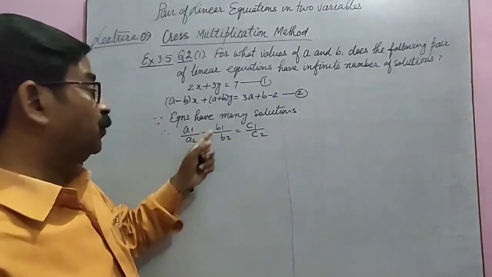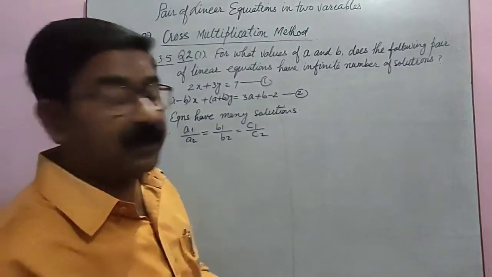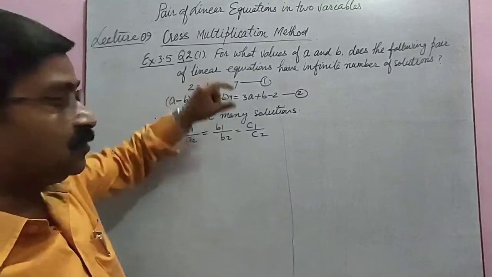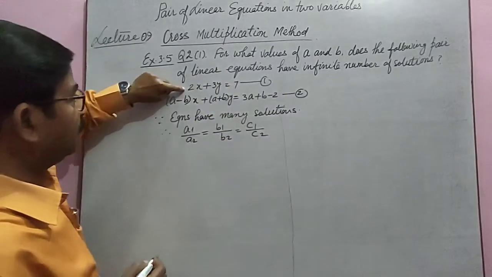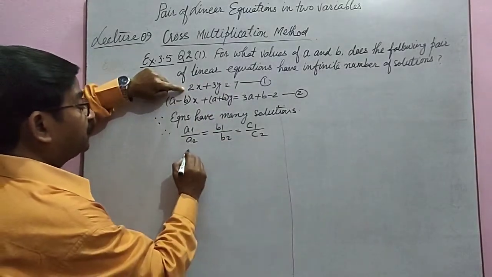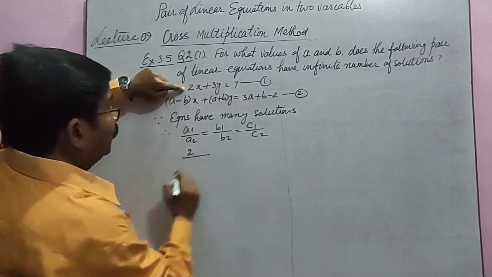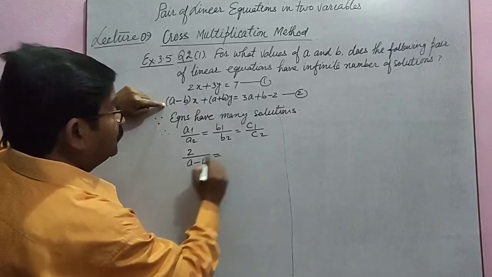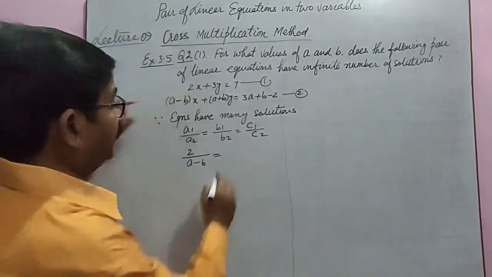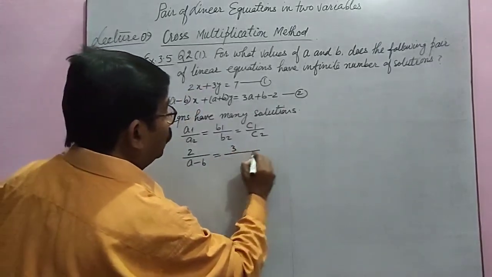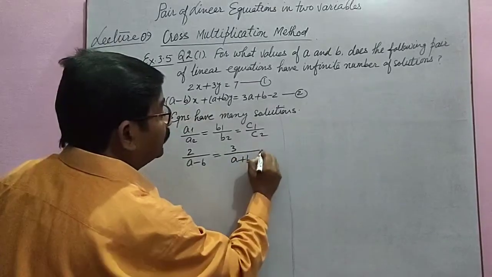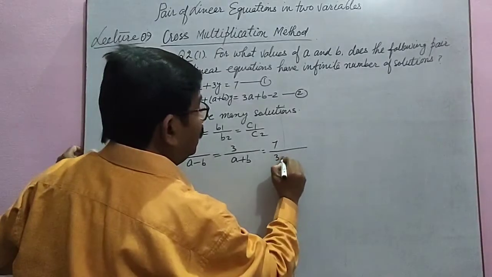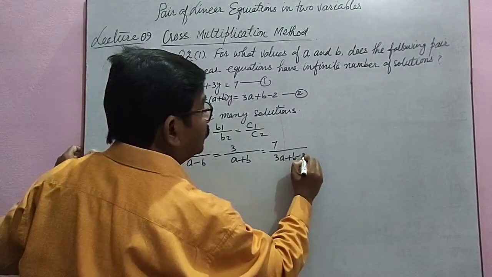Now a1, a2, b1, b2 are the coefficients of x and y respectively, and c1, c2 are the constants. We have to put all these values. See, a1 is 2, so we write 2 upon a2, which is a minus b, is equal to b1, which is 3, so 3 upon a plus b, is equal to c1, which is 7, 7 upon 3a plus b minus 2.